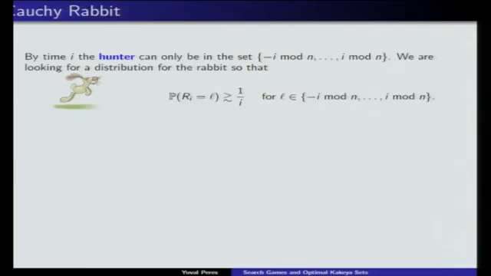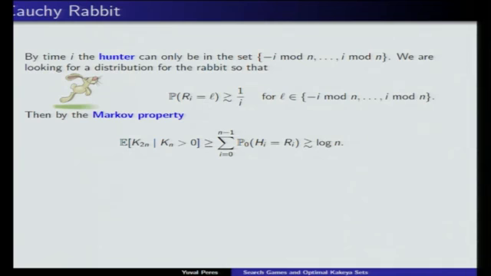And what we want is to take some kind of discrete version of that with the same behavior. So we want the probability that Ri equals L for all L between minus I and I to be like 1 over I. So this will be this kind of one-dimensional linear decay.